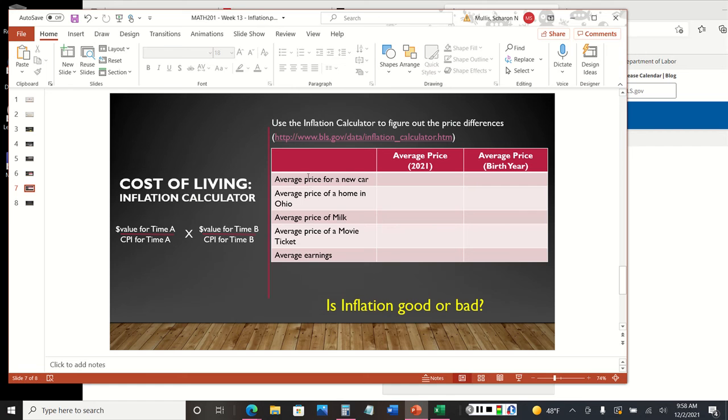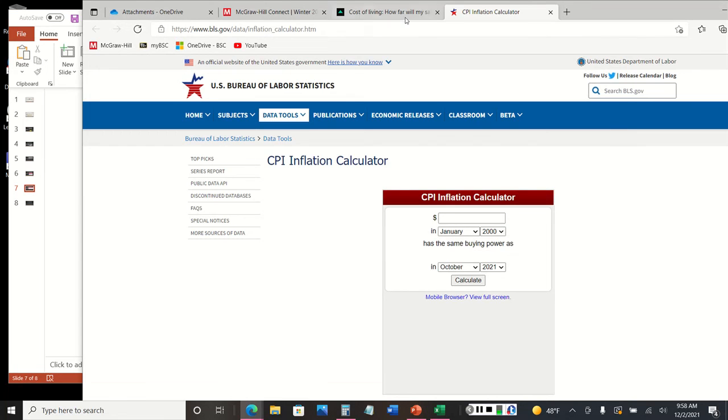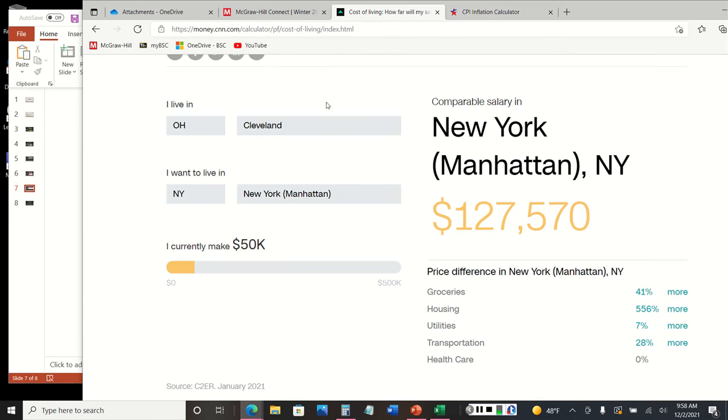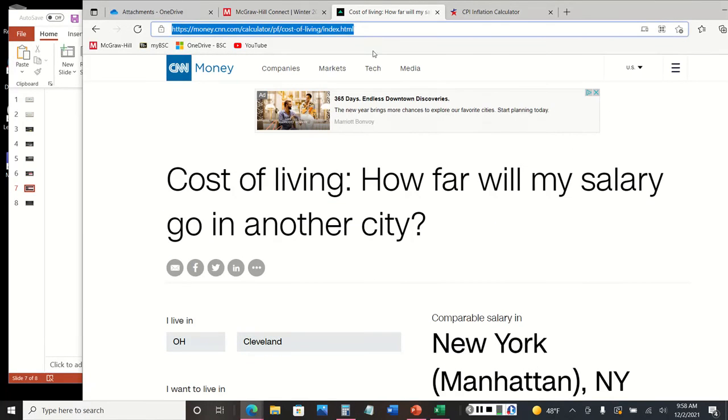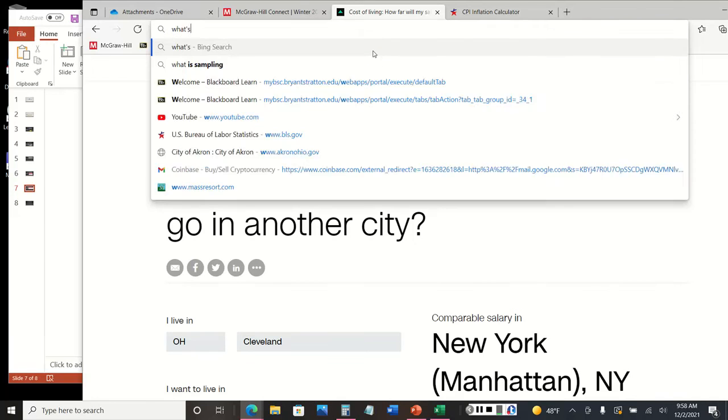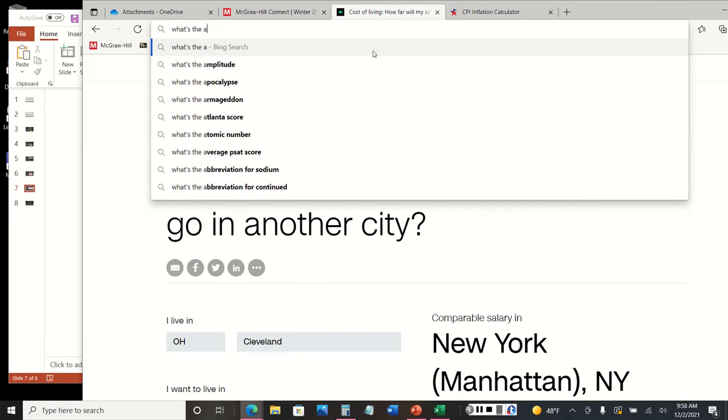So I'm not going to go through all of this. You can go through the average new car price and what it's like now versus what it was in your birth year. I will do maybe movie ticket prices, or no, average earning. We'll do that. So again, let's go on the internet and let's say, what's the average wage for Ohio?